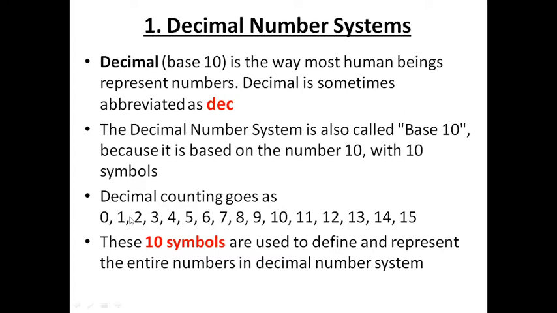In this, if you observe, there are only 10 symbols which are used, like 0 to 9. If you consider 10, again it is 1 and 0, so again you are using these two symbols. If you take 14 as a number, again here 1 and 4. So and so on. So basically you are going to use only 10 symbols.